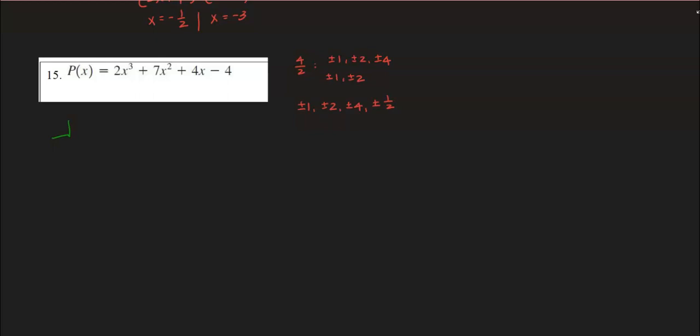So set it up. 2, 7, 4, -4. I'll try 1: 1, 2, 2, 9, 9. Nope, I don't think that's going to work.